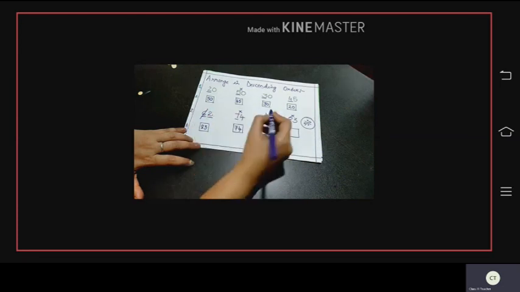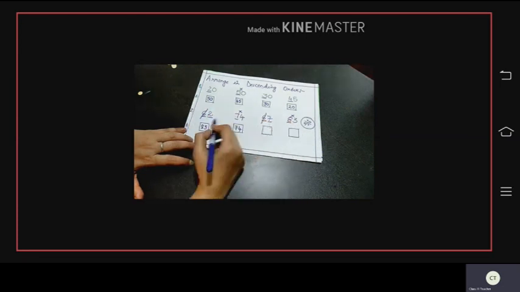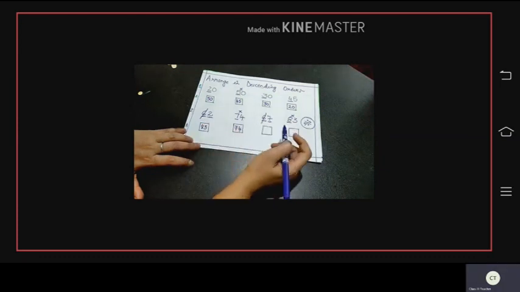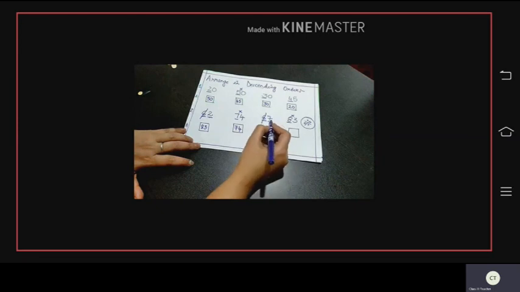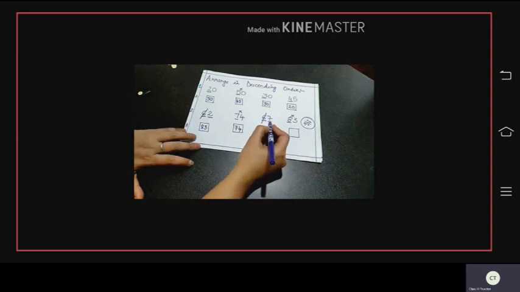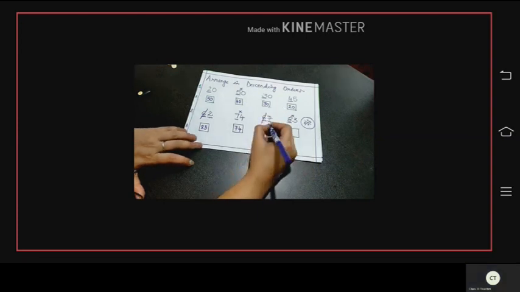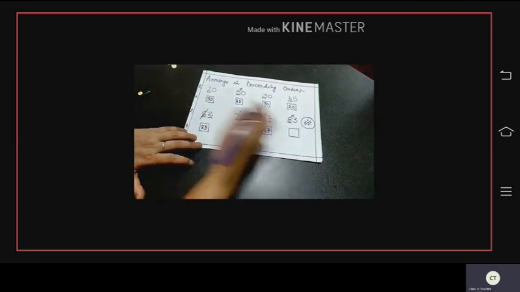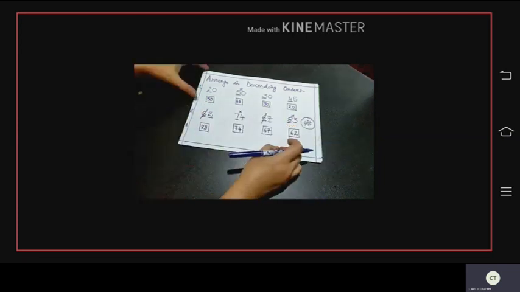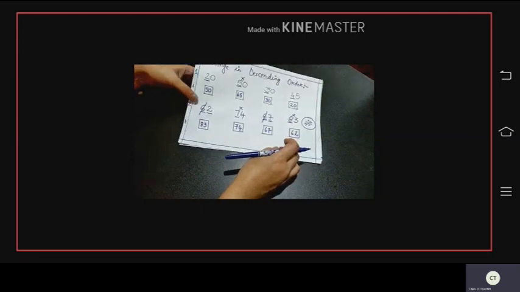Okay, what is the second digit here? 2, digit 2, and here digit 7. So now tell me which is the greatest number, 7 or 2? Yes, 7. So 67 I'll write here, and which number is left? 62 is the last number. So the smallest number is 62.